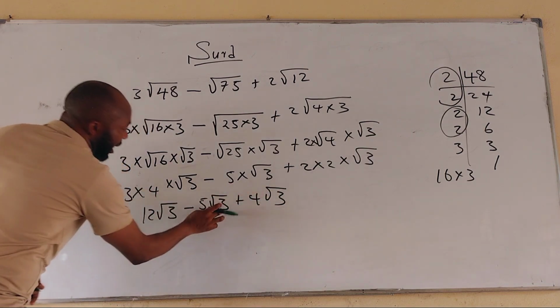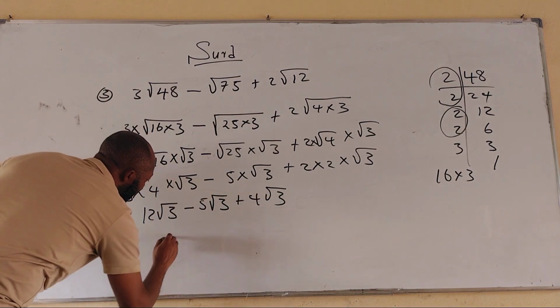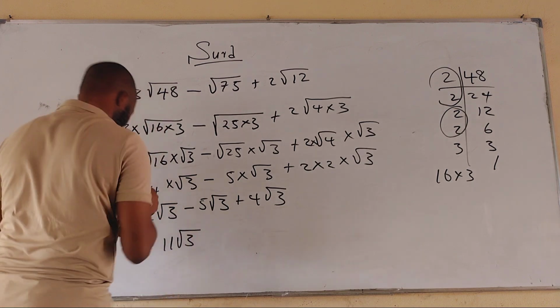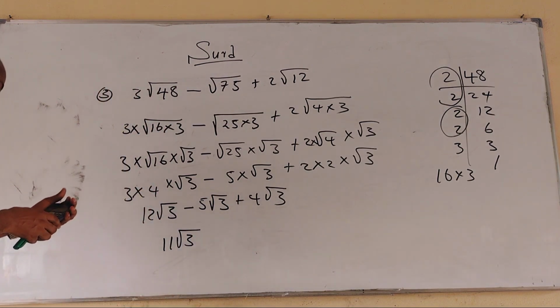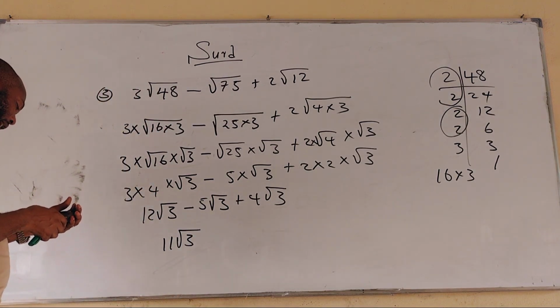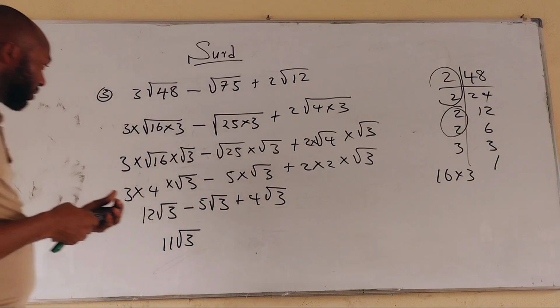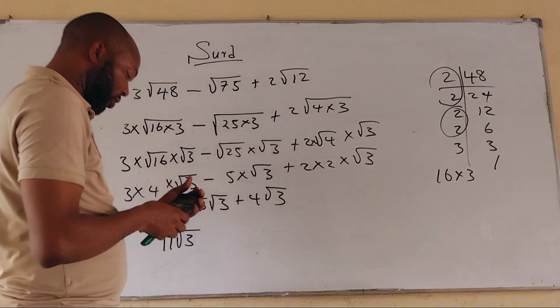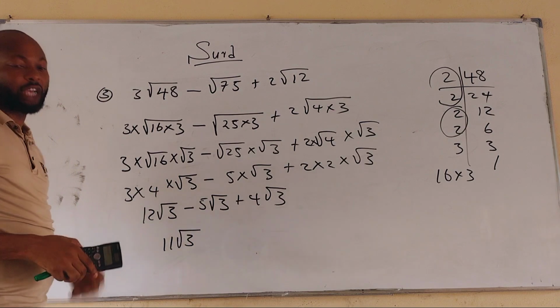So all of them are root 3. So that gives us 11 root 3. You can confirm that 12 minus 5, which is 7, plus 4, which is 11. So that's what we have.